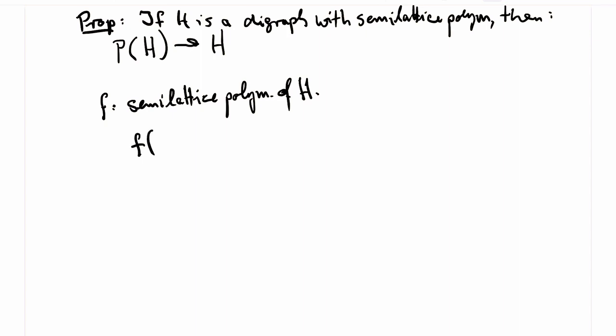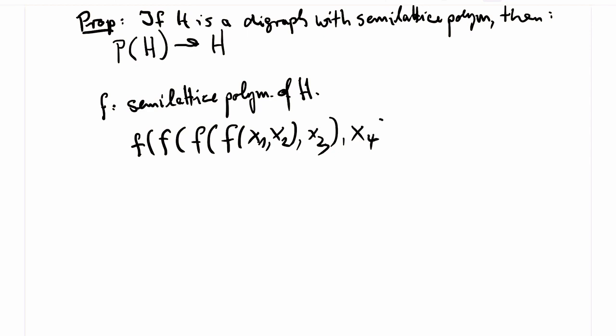We can, for instance, look at f(f(f(f(x_1, x_2), x_3), x_4), x_5), where we take the result, combine it with f with x_3, and again with f and x_4. All right, did I count you right? 1, 2, 3.